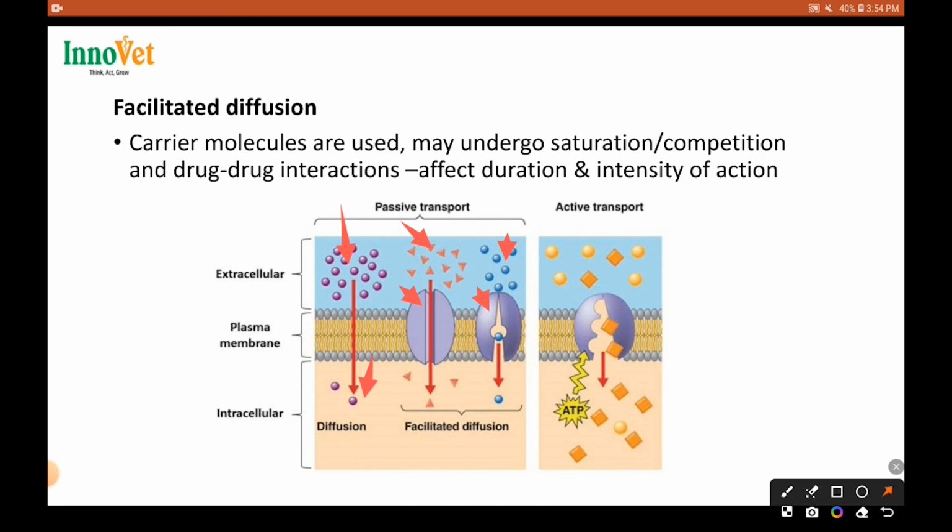So this is facilitated diffusion. Then we have active transport, where we require an ATP molecule to bind to a carrier protein or molecule in order to facilitate the transportation of drug molecules across the membrane.